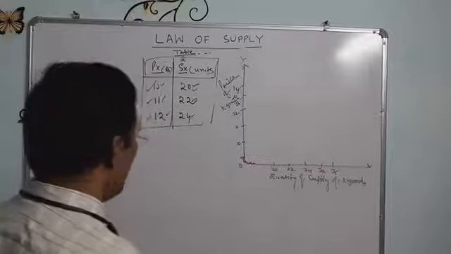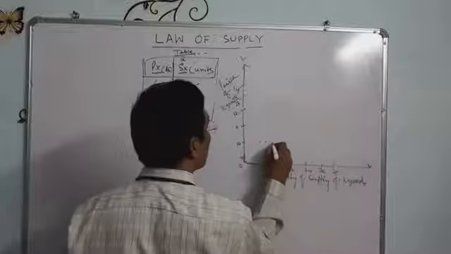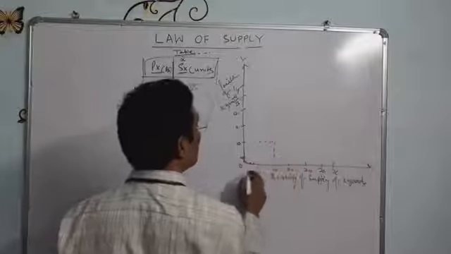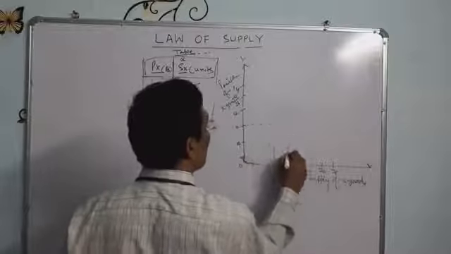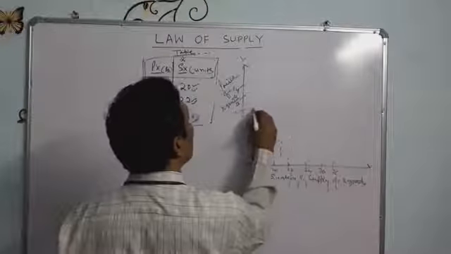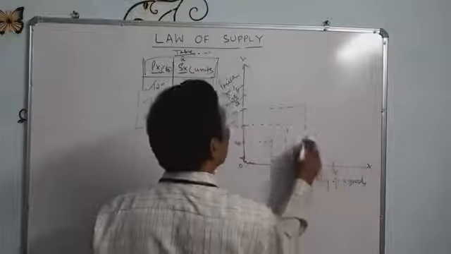Whenever the price is 10 rupees, quantity of supply is 20 units. When the price is 11 rupees, quantity of supply is 22 units. When the price is 12, quantity of supply is 24 units.